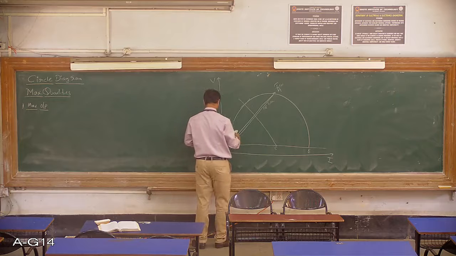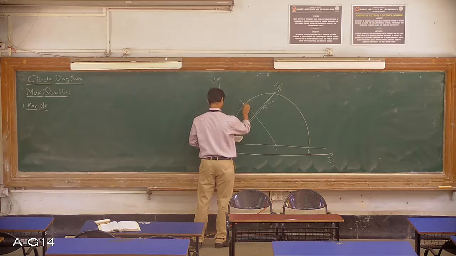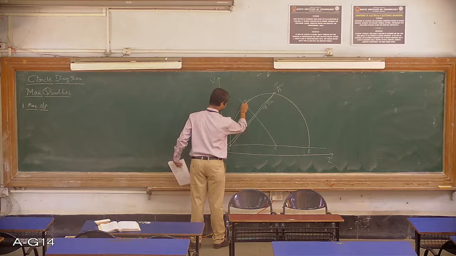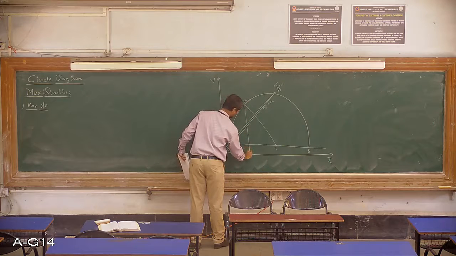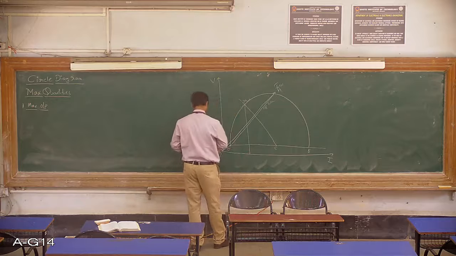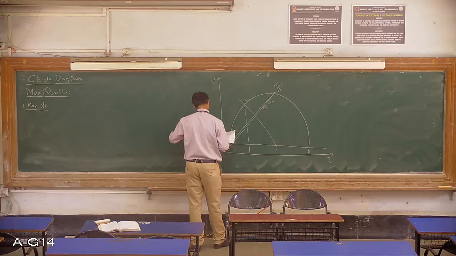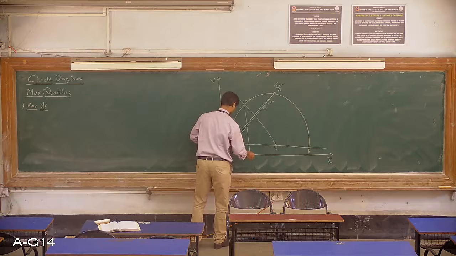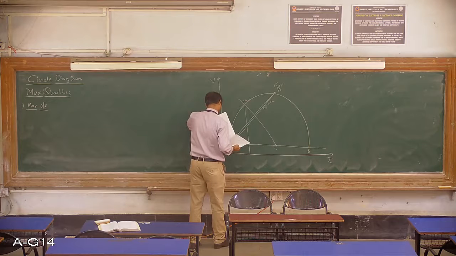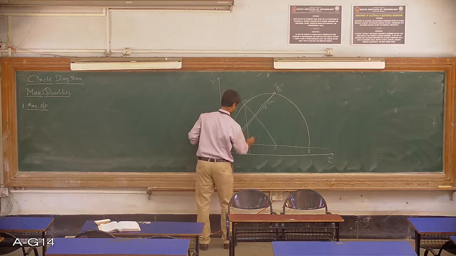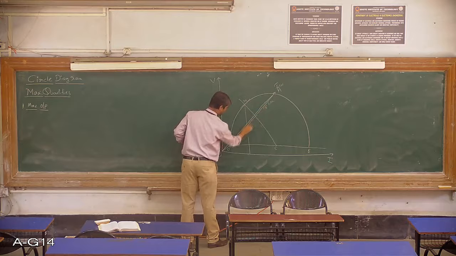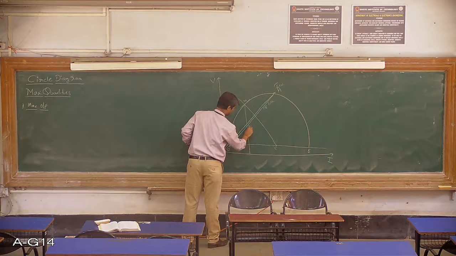Name this tangent point M. Now draw a vertical line till it reaches the horizontal axis, and name the intersection of this vertical line with the output line as point N.